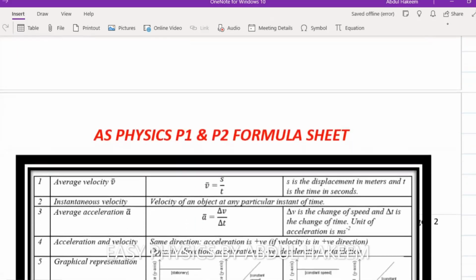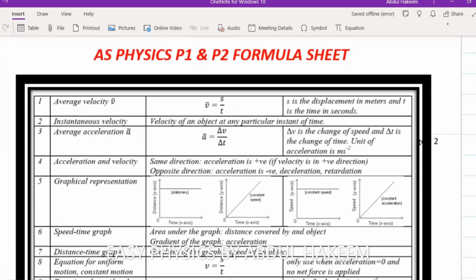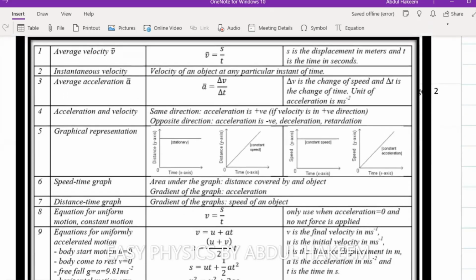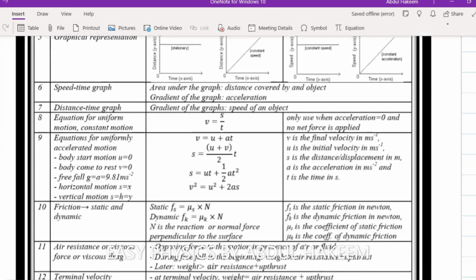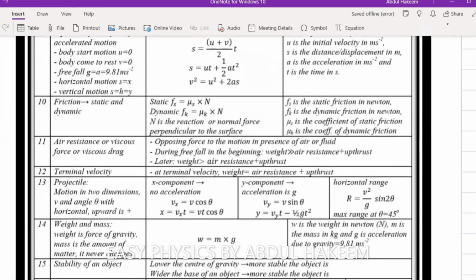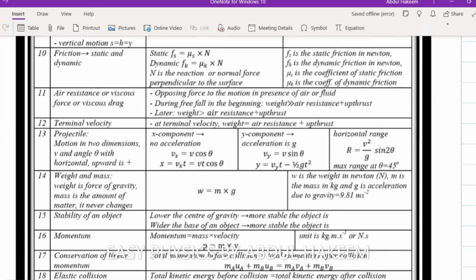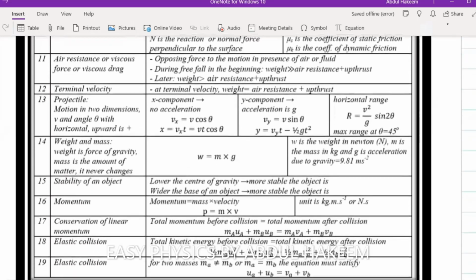And then next are the kinematics. This is very, very important before the exam, a day before the final exam.